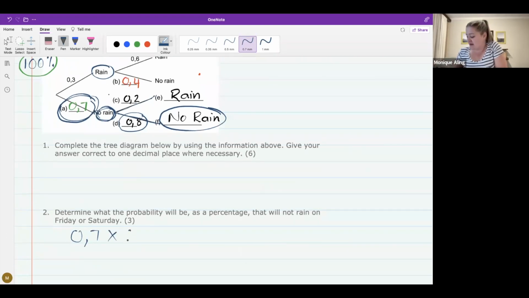So it's 0.7 times by 0.8. Which gives you 0.56, but they ask for the answer to be in percentage form, so we times by 100, so that gives us 56%.